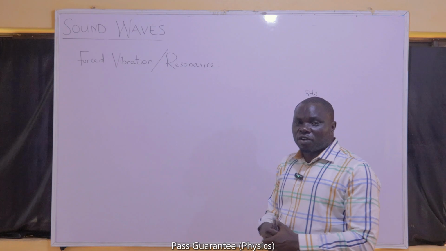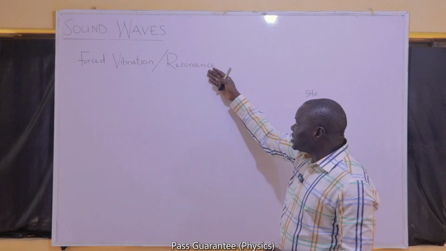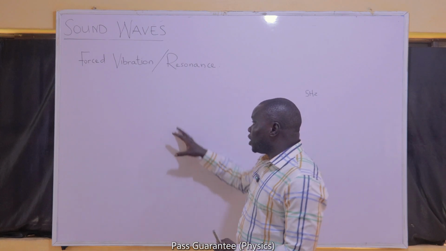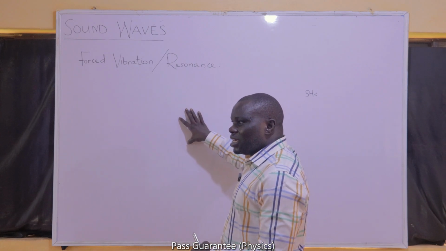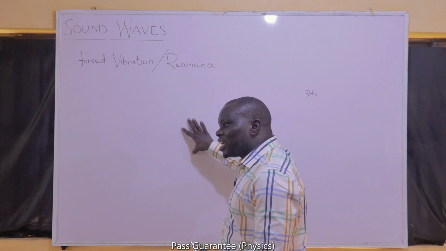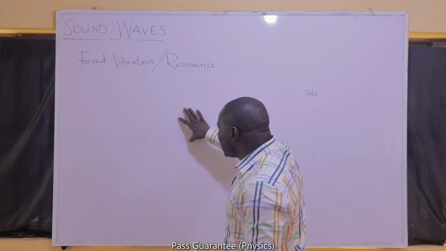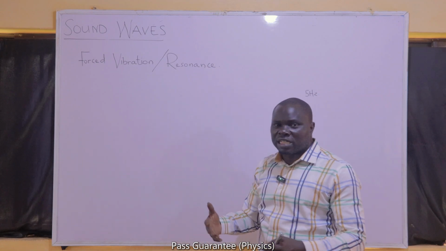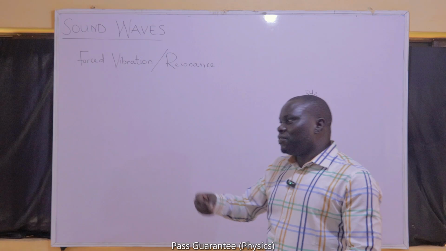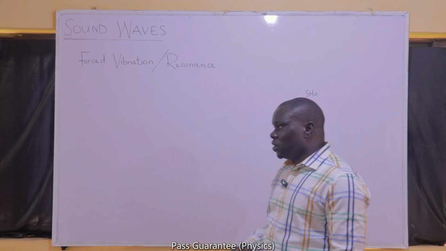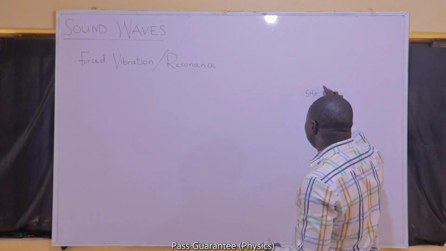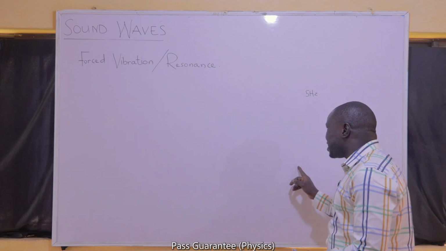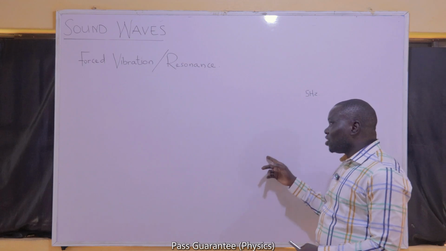I'm setting it into vibration and it's vibrating not at its own natural frequency, but at my own frequency. Resonance occurs when an object is set into vibration at its own natural frequency as a result of impulses that it is receiving from an external periodic force, which is vibrating at that same frequency. I will explain. I said if the frequency of the board is 5 and I start to hit it at 1, then it will start to vibrate at 1, which is not its own natural frequency.